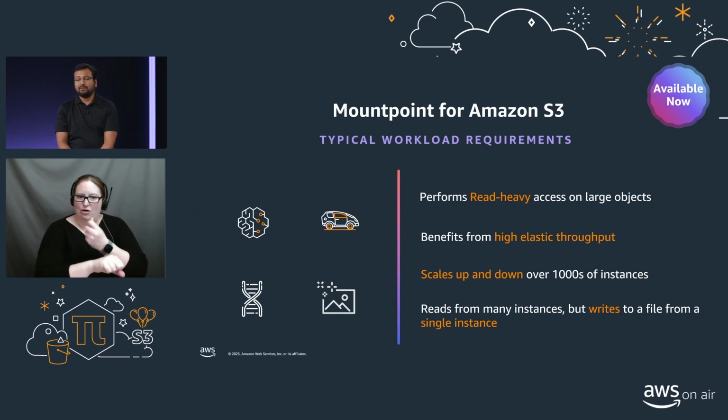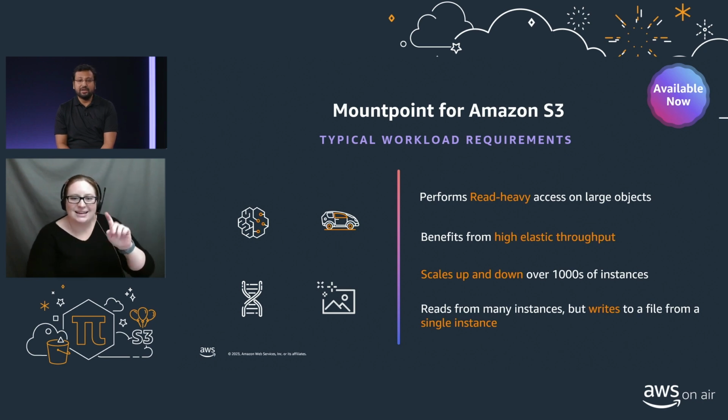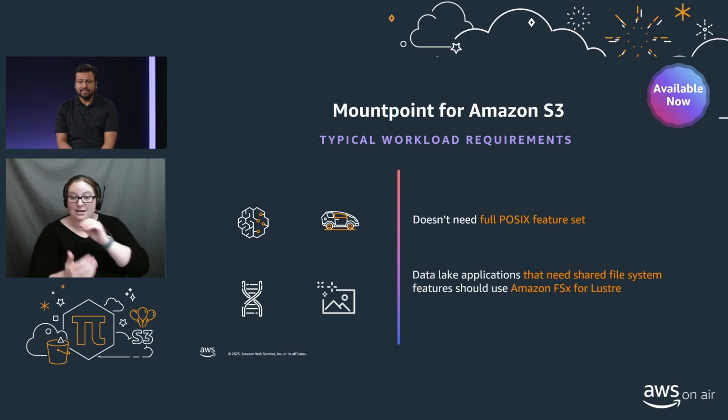Customers want to run these applications on Amazon S3 to benefit from S3's elastic throughput and a strong integration with the data lake ecosystem. Due to this reason, they need an API bridge between the file and object storage systems. In other words, these workloads often do not need the full POSIX feature set. Mount Point for Amazon S3 is specialized for these workloads and offers only a restricted set of file operations.